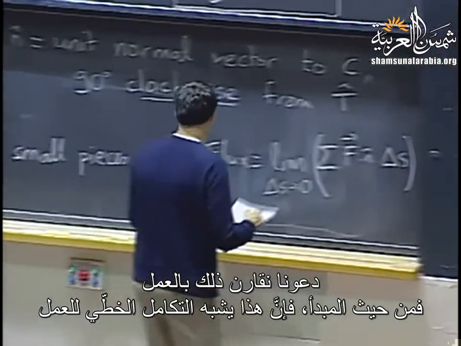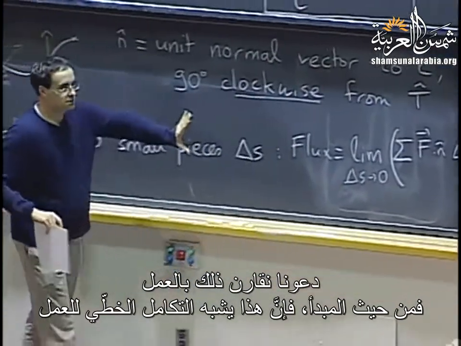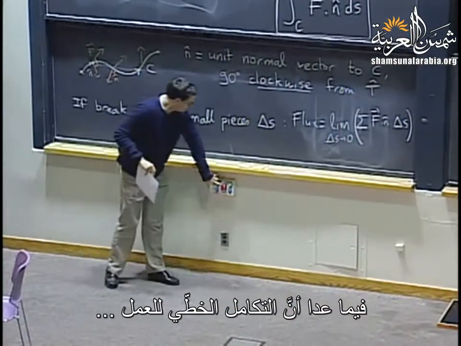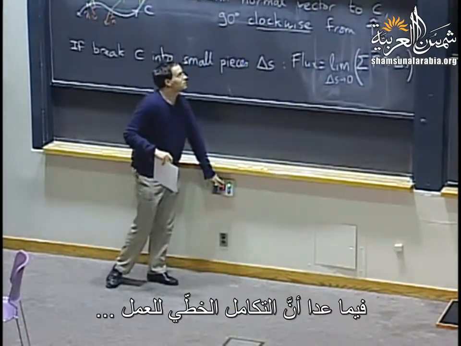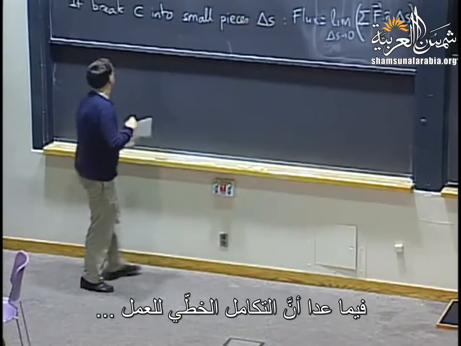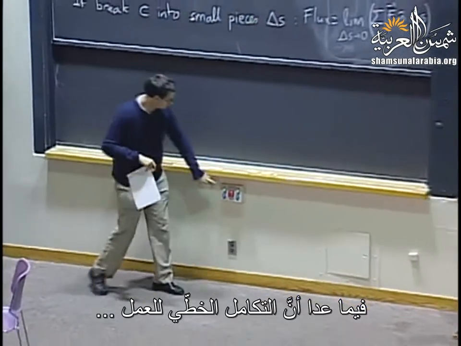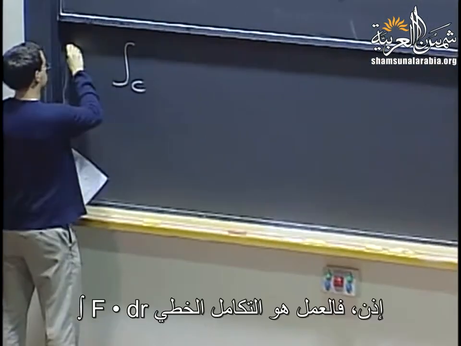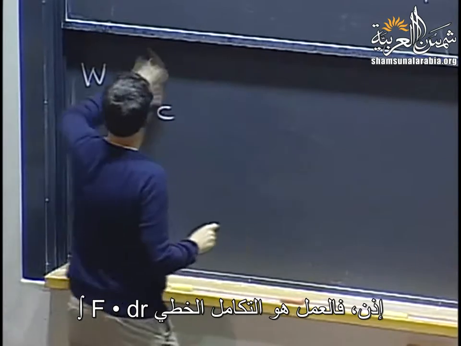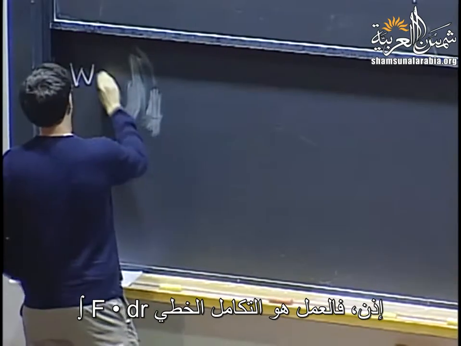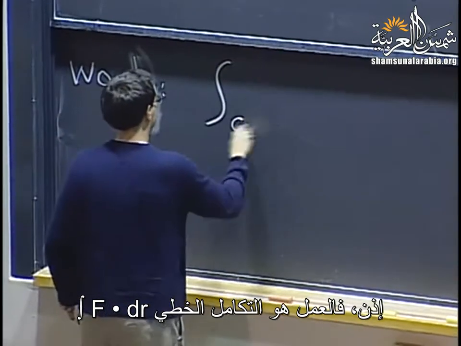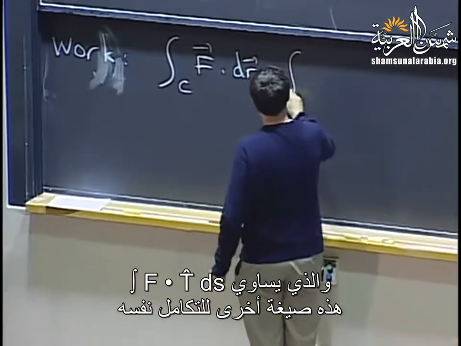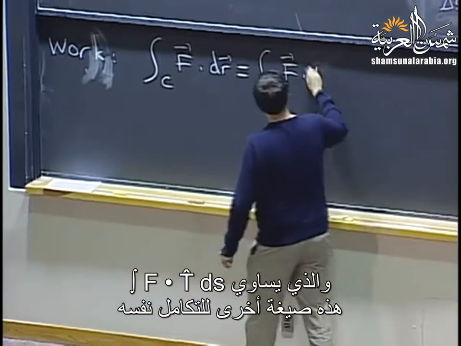So just to compare this with work, conceptually, it's similar to the line integral we did for work. Work is the line integral of F dot dr, which is also the line integral of F dot T ds.